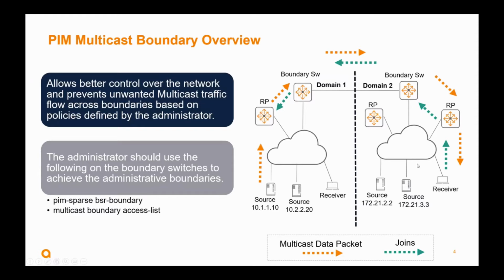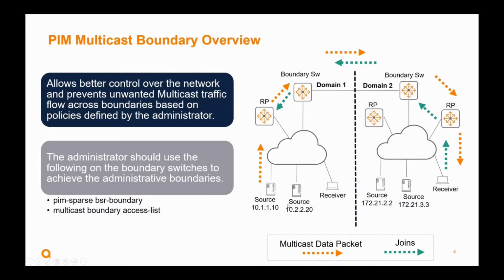Let's say domain 2 has receivers. Although we have source multicast and rendezvous points, we don't want our rendezvous points from domain 2 to be known within domain 1, and also our source multicast to be known by domain 1.